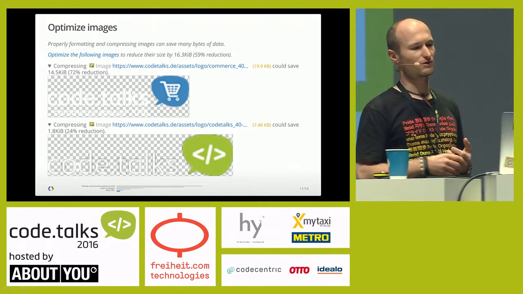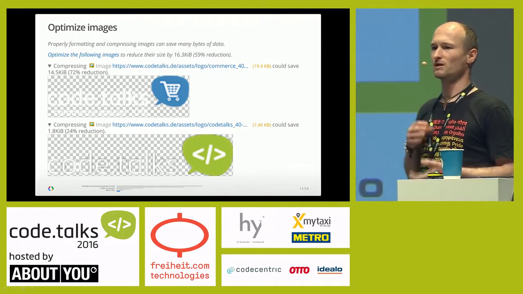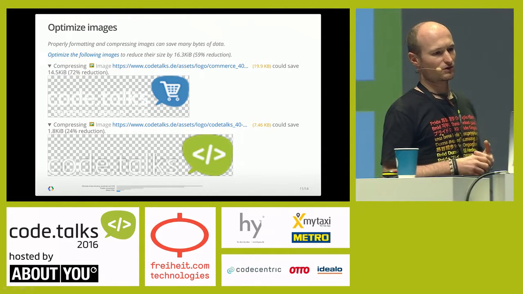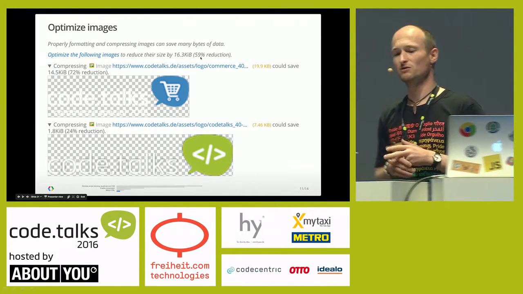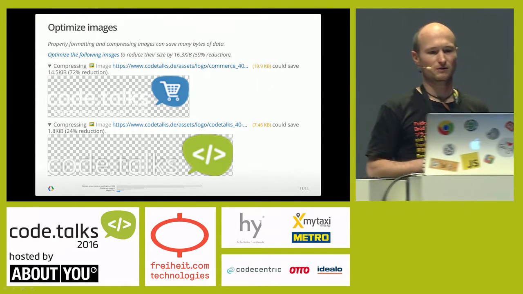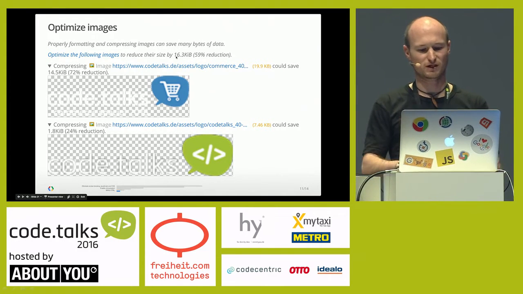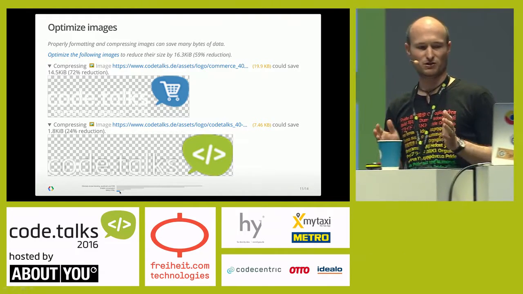So there are a couple of tools out there that will just remove all this non-visible XML and whatever meta crap and make the files considerably smaller. So in this case, 59% without any visual degradation. So this is really completely lossless. If you look at the absolute numbers, it's 16 kilobytes that could be saved. That's why down here the bar is pretty small.